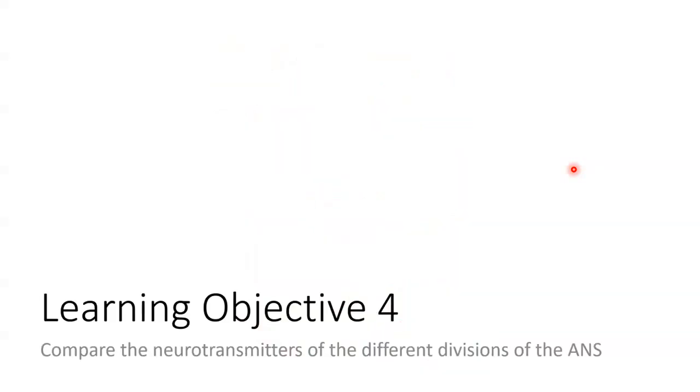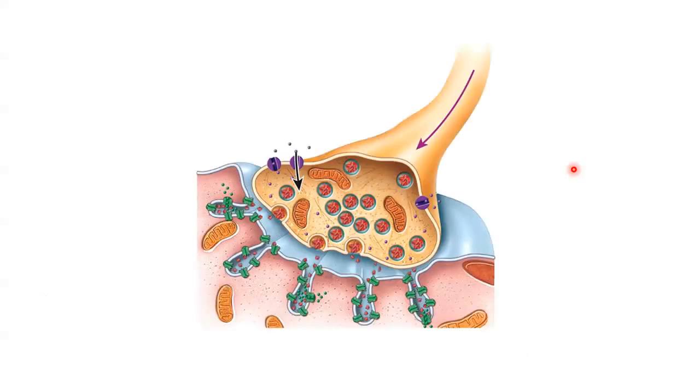And then our last learning objective, not only for this lecture, but also for the entire nervous system, is to compare the neurotransmitters of the two divisions of the autonomic nervous system. A neurotransmitter is a chemical substance released by an axon terminal that diffuses across a synaptic cleft and imparts an effect on either another neuron or some kind of effector.